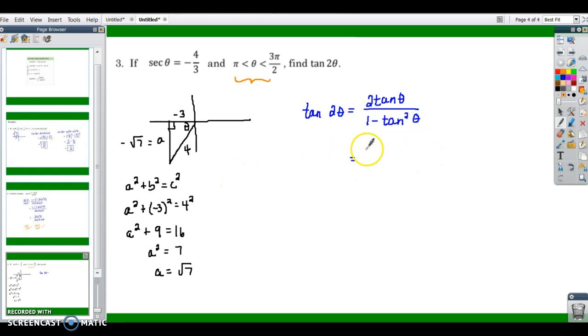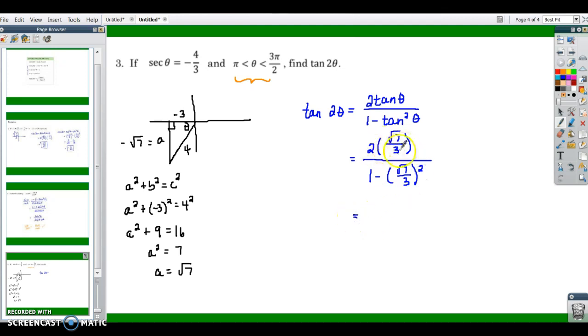So we can go ahead and just plug those values in. So we've got 2, and then the tangent of theta. Tangent is opposite over adjacent. So negative root 7 over negative 3. So that's going to be root 7 over 3 over 1 minus root 7 over 3 squared.